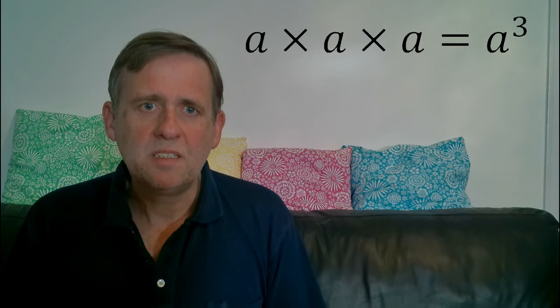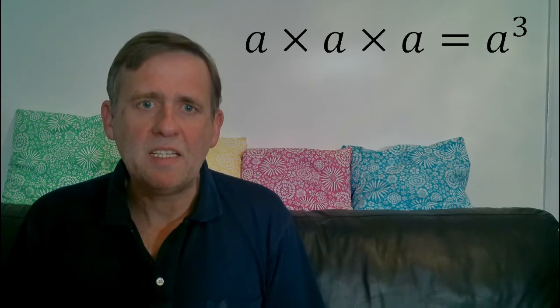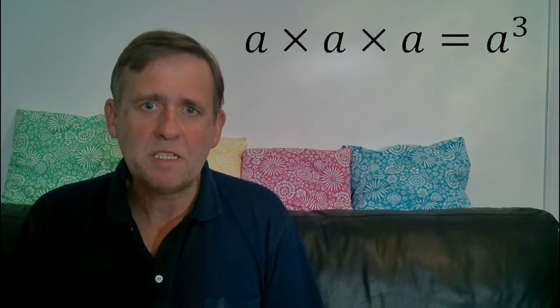Well, we need to create some new syntax, and here we introduce a number that is to the right and is superscripted above our variable. So A times A times A can be written as A with a superscripted 3 next to it. We say this is the cube of A, or A raised to the power of 3.